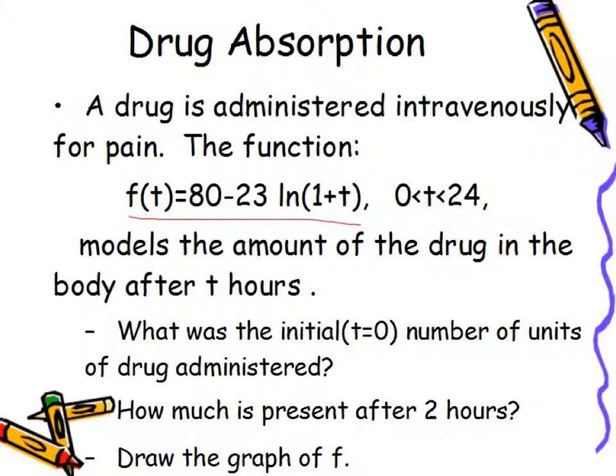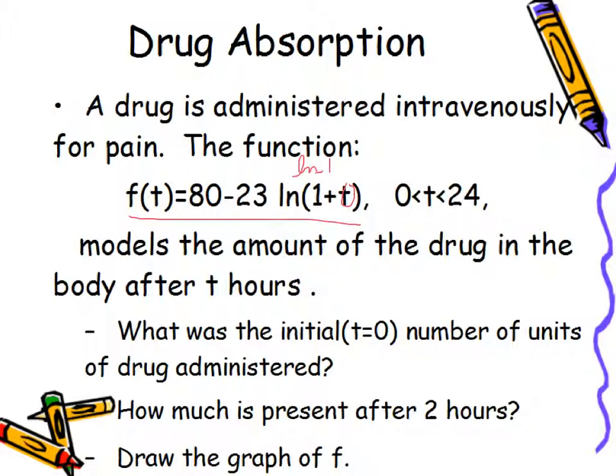It says, what was the initial number of units of drug administered? That says when t is equal to 0. So you can plug 0 in for t, which would go right here, which means you'd be doing the natural log of 1 plus 0, or 1. And remember that the log of base anything of 1 is going to be 0.